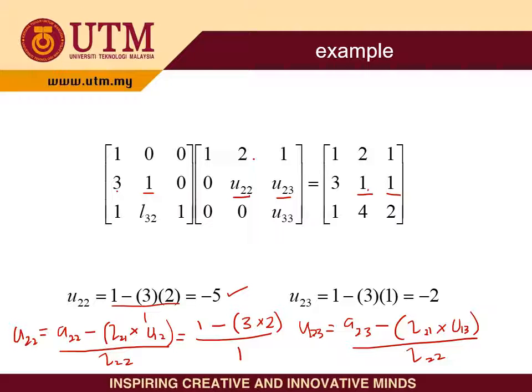This is A23. For L21, we got 3, multiplied by U13, which is row 1 column 3, and then we need to divide by L22. L22 is 1, and then you get your answer of -2 for U23. So we have -5 and -2.